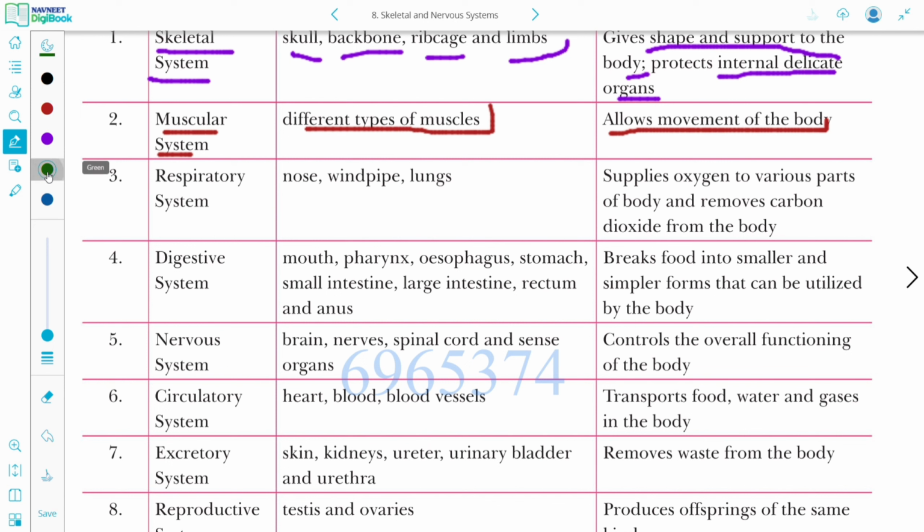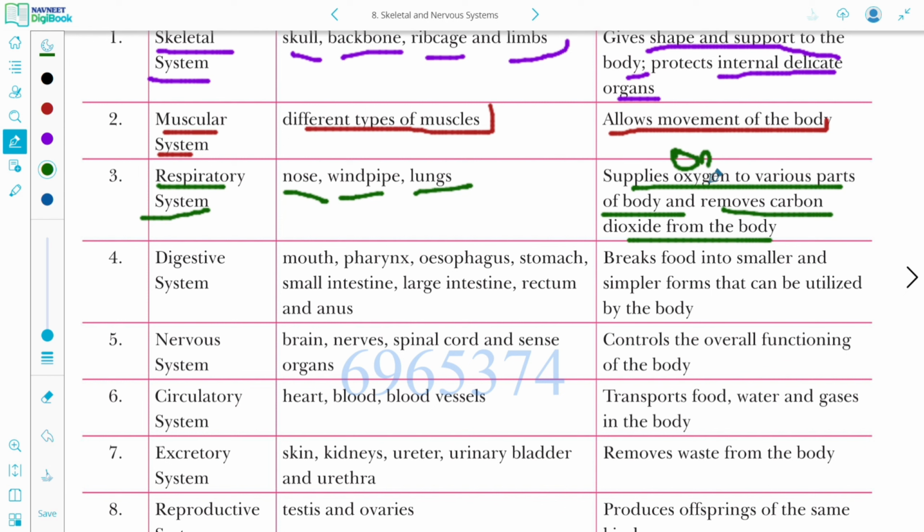Third is respiratory system. In this, nose, windpipe and lungs are involved, and the function of respiratory system is to supply oxygen to various parts of the body and remove carbon dioxide from the body. It means it supplies oxygen, O2, to various parts of the body and removes CO2, that is carbon dioxide, from the body.